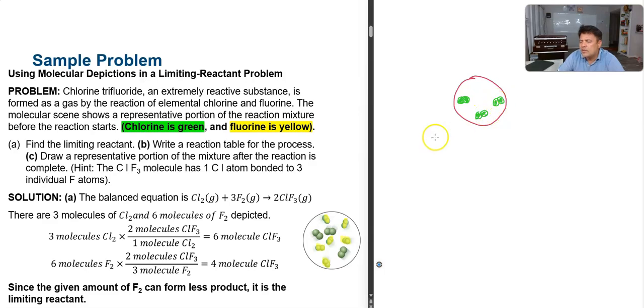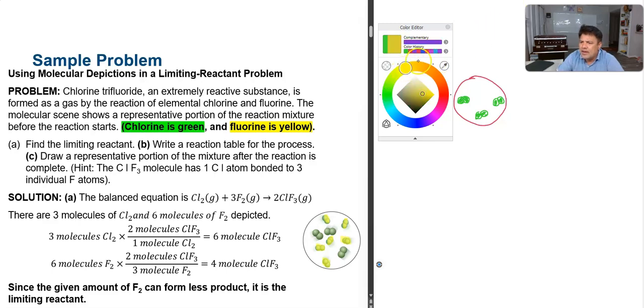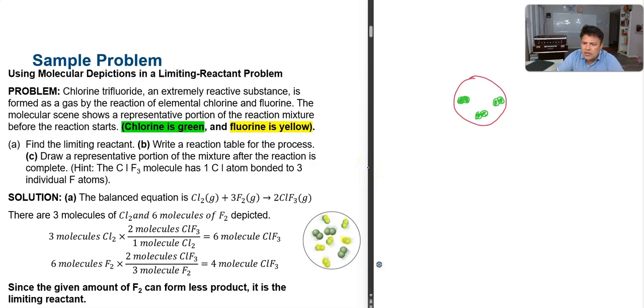This is Cl2. Okay, and there are 6 in the yellow color. There are 6 fluorines. Look at that, fluorine is yellow. 1, 2, 3, 4, 5, 6 fluorine.